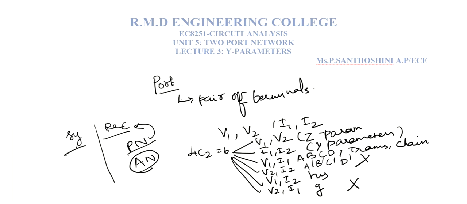Coming to symmetricity, one half is the mirror image of the second half. If it is not a mirror image, it is called asymmetry. These are the concepts we saw in the first lecture.